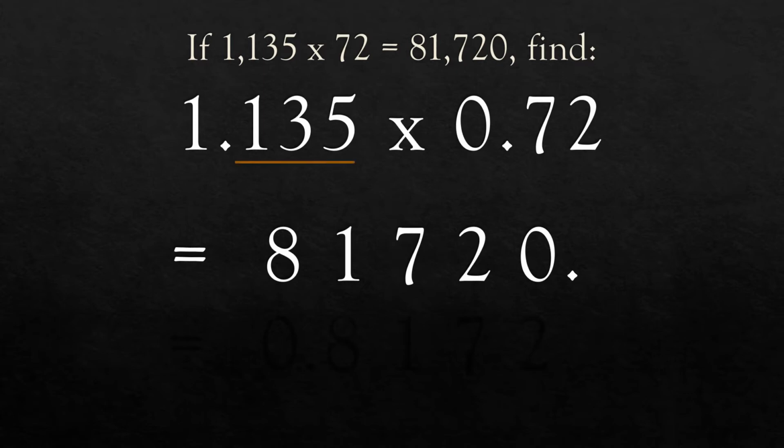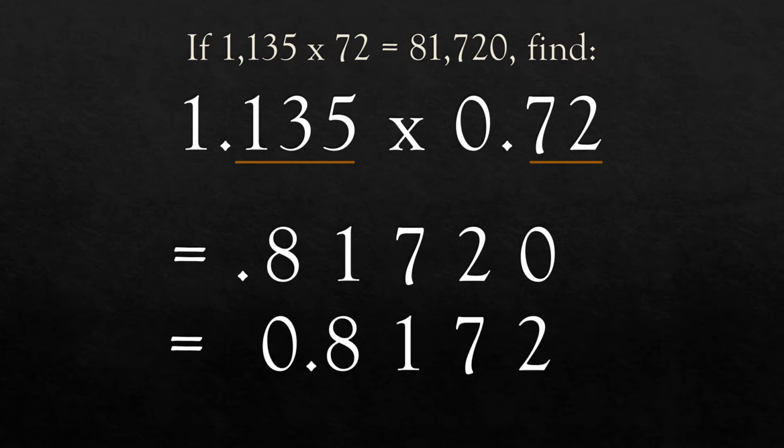Three digits in 1.135 and two digits in 0.72. So the total digits after decimal is 5. So count 5 digits from the right, 1, 2, 3, 4, 5, and place decimal in the product. So the answer is 0.81720. That is 0.8172.